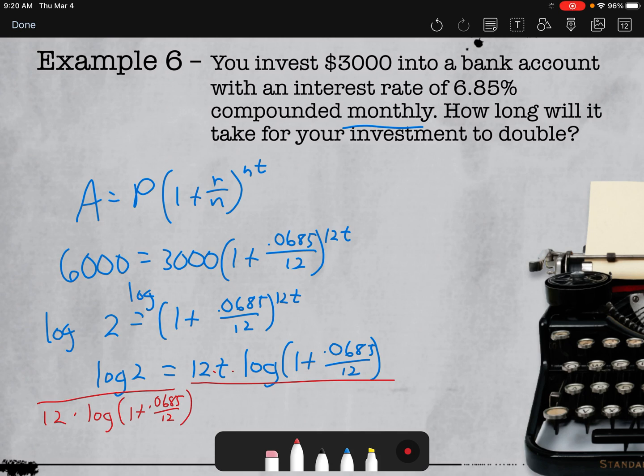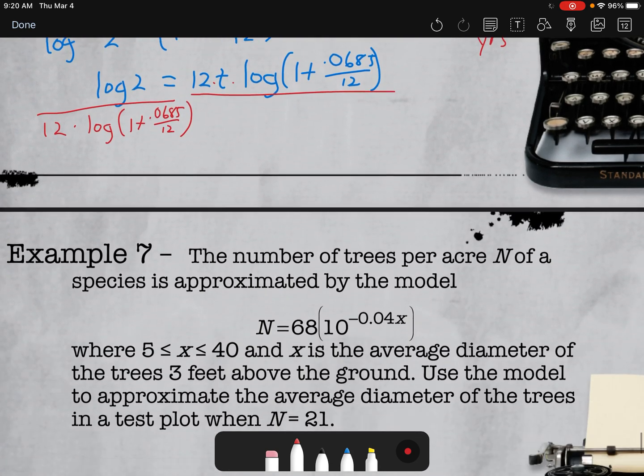Log 2 divided by parentheses 12 times log of 1 plus 0.0685 divided by 12. Close. I got about 10 years. So about 10.15 years it would take to double your money at 6.85% interest, compounded monthly. That's not very many years, guys.